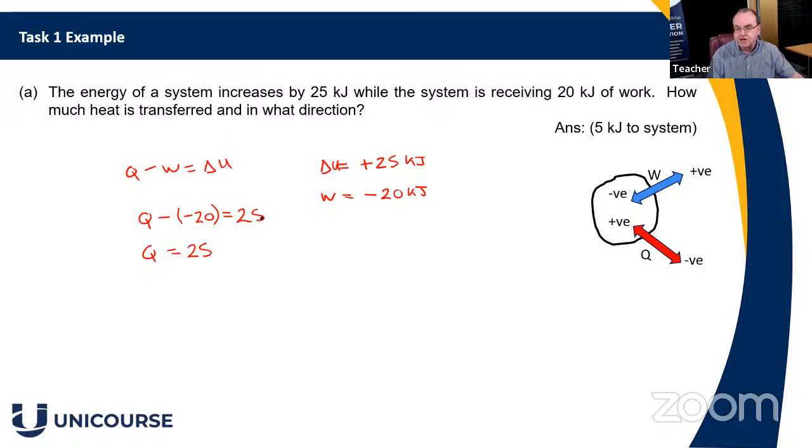We take it to the other side, it has to become a negative. So it's minus 20, so it's equal to plus 5 kilojoules. Because the heat Q is plus, that means it's into the system.